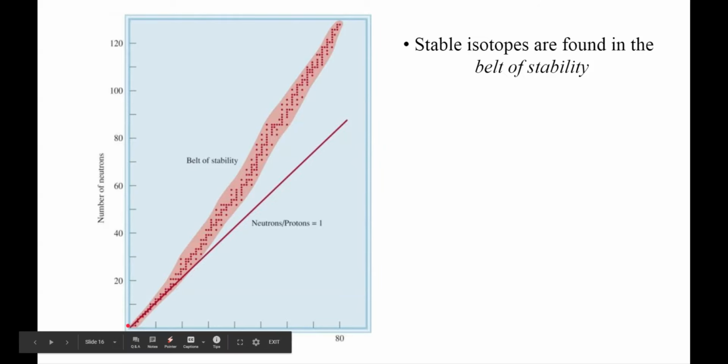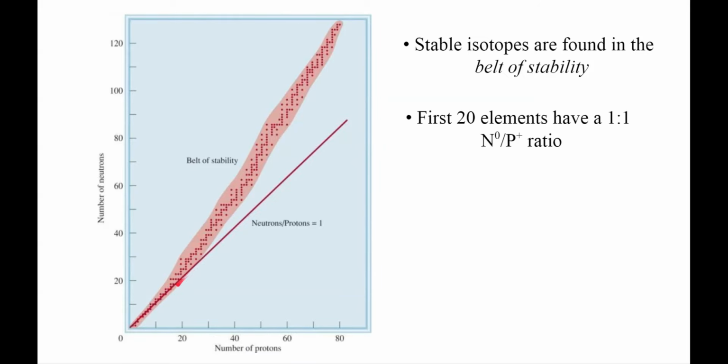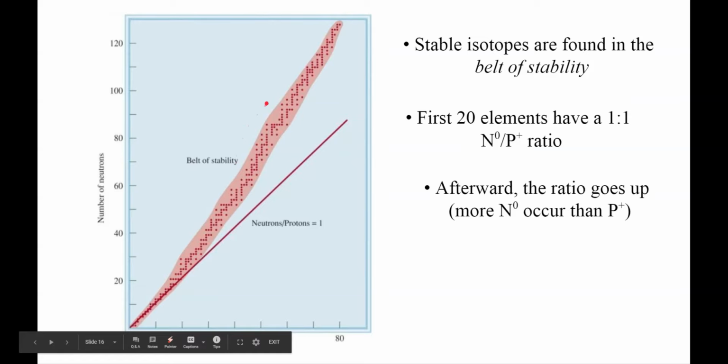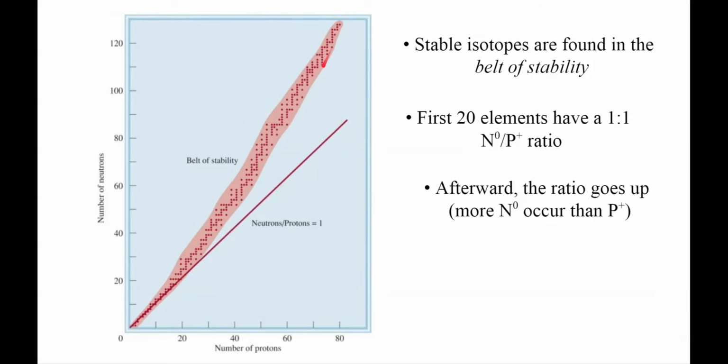Now, it starts off roughly 1 to 1. However many neutrons there are, there's an approximate equal number of protons. But then notice what happens. As there become more protons, you need more and more neutrons. So it scales higher and higher, where there's a bias towards the number of neutrons.